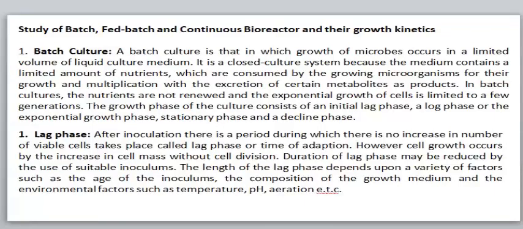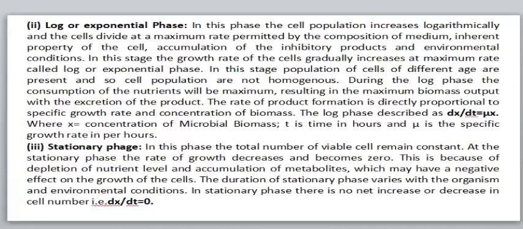Limited means that whatever you have added in the initial condition, that is the ultimate, because we can't add further during the process. So it will become limited now. That is, we add the optimal quantity required at once, at the start.